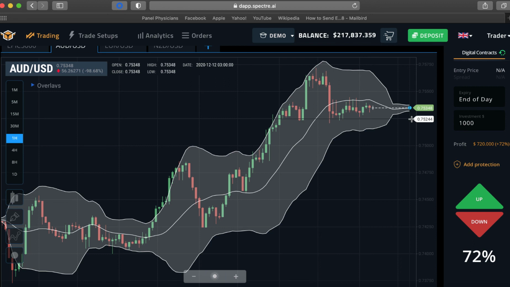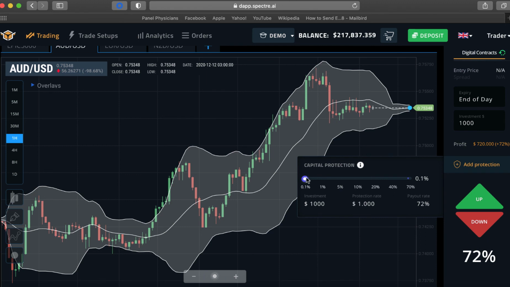This style of trading is very, very popular, and it gained a lot of interest a few years ago. Still is, but Spectre is giving you the right tool and the right method to actually be successful. They also have something called adding protection, so you can actually choose how much you want to lose. I don't want to risk too much.